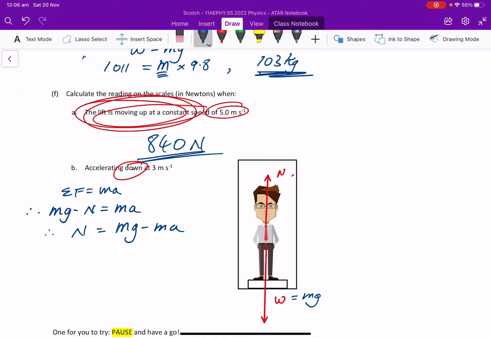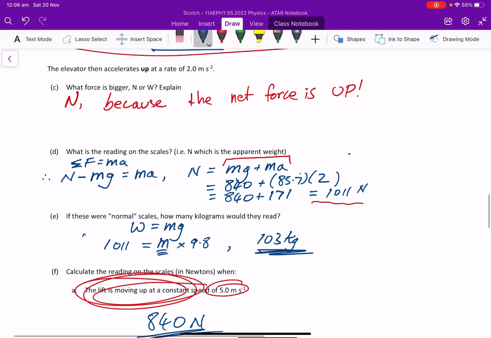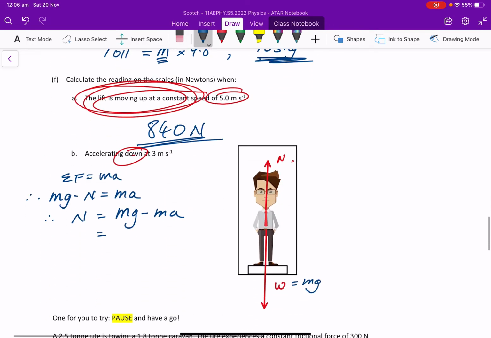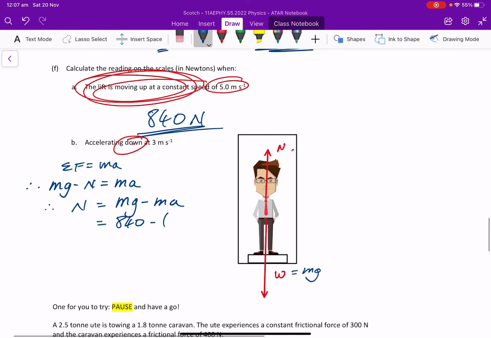Yes, you could take m out as a common factor, so it's m outside of g take a, which is really 87 kilos or whatever it is, times 9.8 take 3, which is 6.8. So the weight, the real weight, we were given this originally, it's the 840, because that is the 87 times 9.8, subtract, what's the mass again, 85.7, sorry, 85.7 times the acceleration, which is 3.